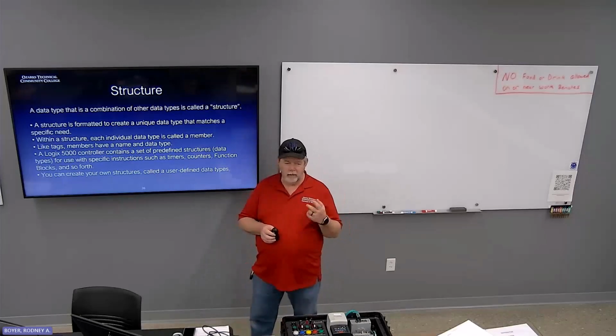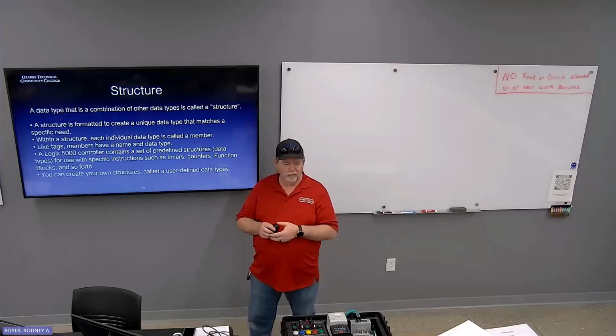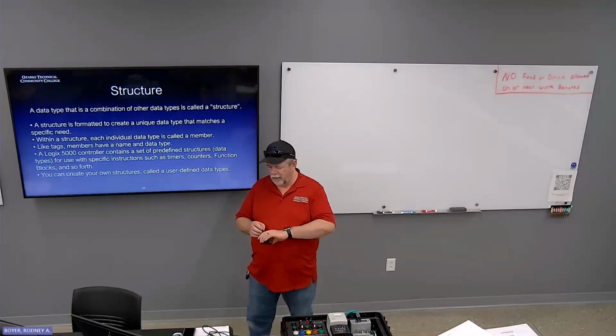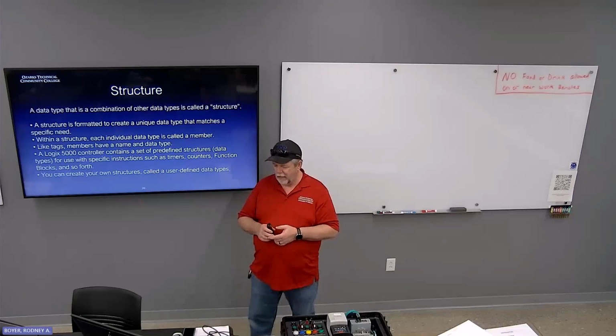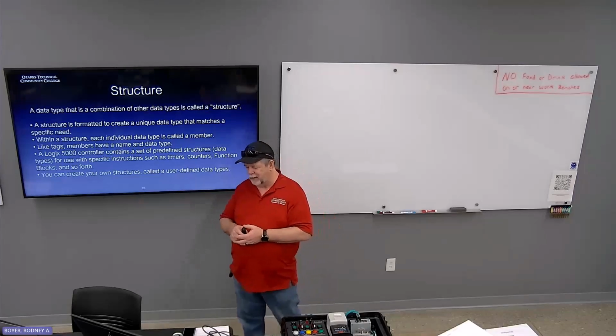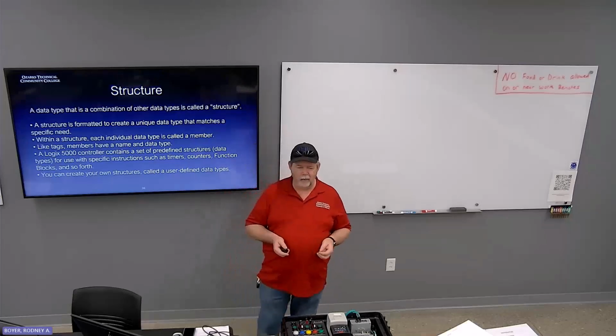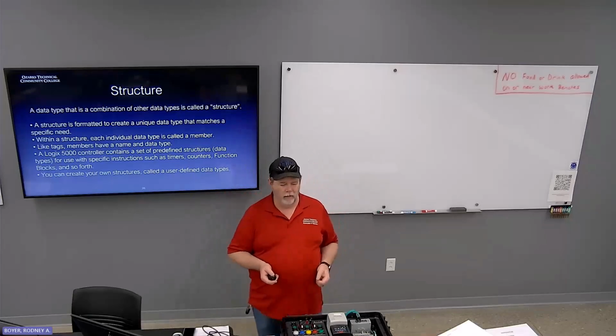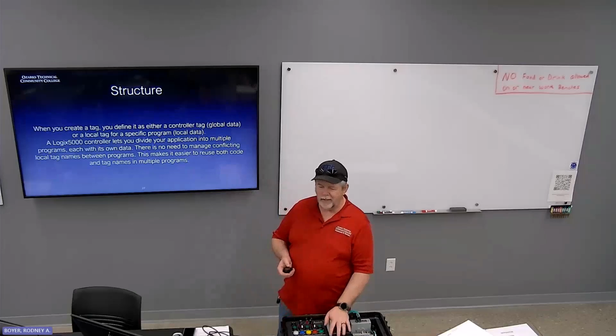So preset, accumulated, timer timing, and so forth. And those are dints and bools. A Logix 5000 controller contains a set of predefined structures or data types for use with specific instructions, such as timers, counters, function blocks, and so forth. You can create your own structures called user-defined data types or UDT. A whole lot easier to say UDT for most people anyway.